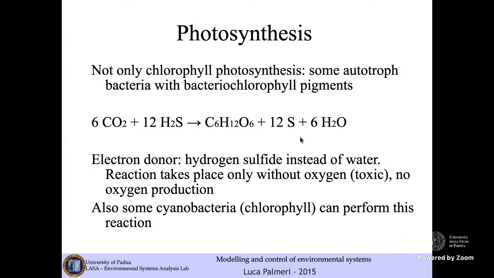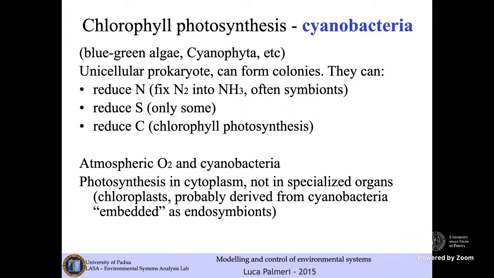This is what typically happens when you find these environments or ecosystems where you can smell a rotten egg smell. There are also some cyanobacteria or chlorophyll organisms that can perform this reaction. And these are bacteria that are opportunistic, meaning that they can change the way they perform photosynthesis according to environmental conditions.